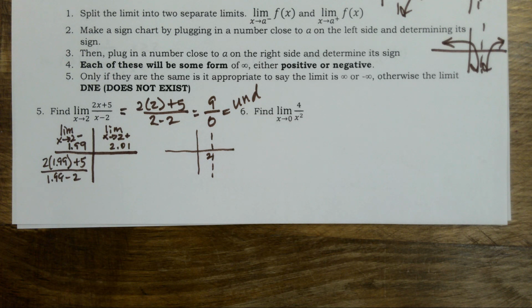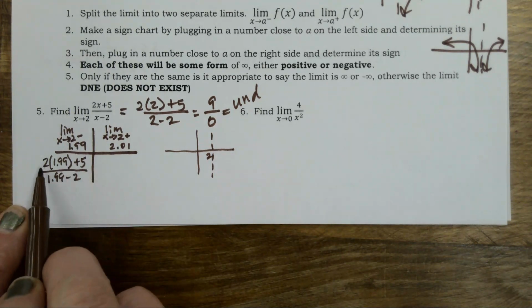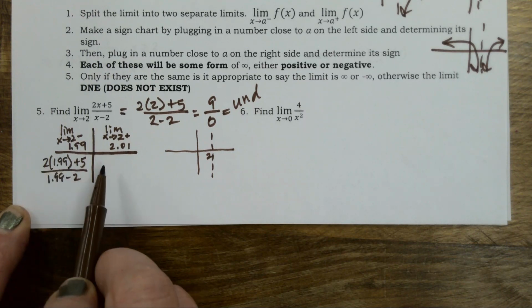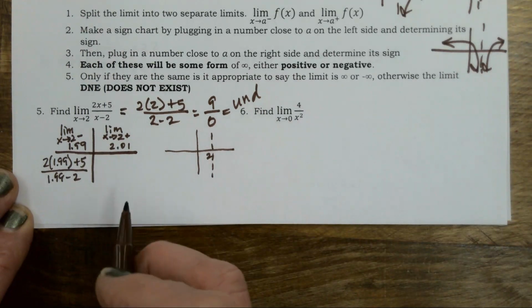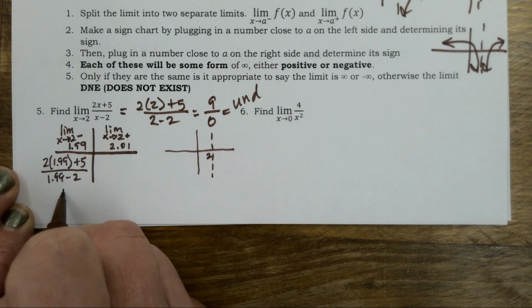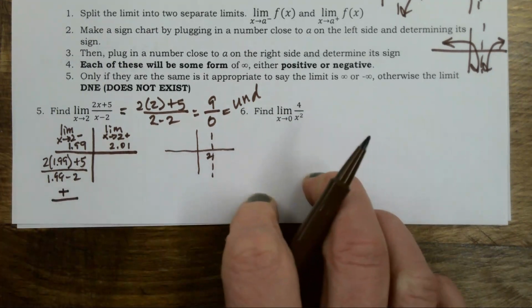This is really close to 4, right? 2 times 1.99 super close to 4. Agreed? Makes sense? Because it's 2 times something just under 2, so super close to 4, plus 5. What kind of result am I going to get if I add something close to 4 plus 5? And what I mean is it positive or is it negative? And it's definitely positive. Make sense?